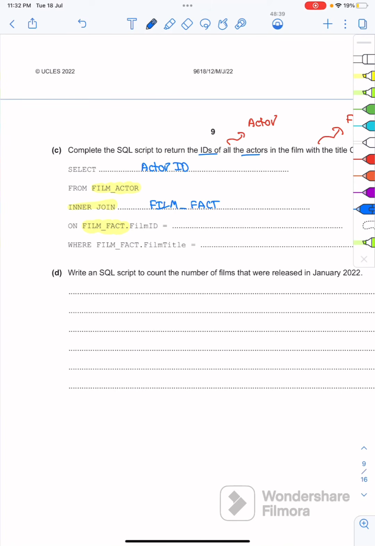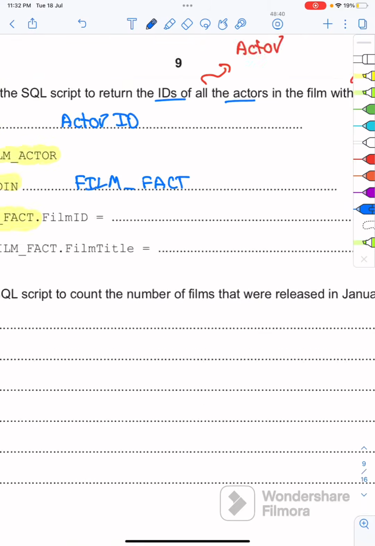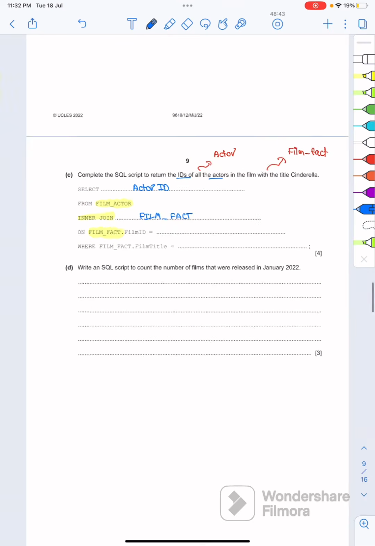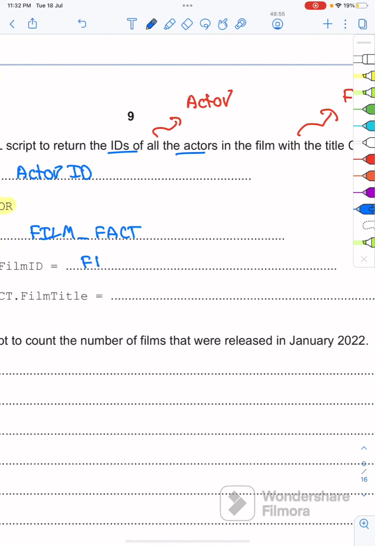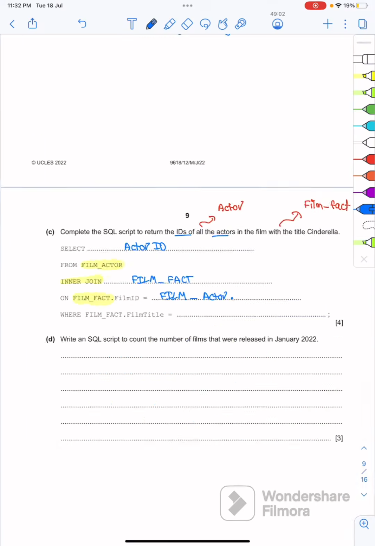On film_fact.ID equals to, this is where you're going to have to reference that the data in both the tables is the same. So film_fact.film ID is equals to film_actor.film ID, remember?